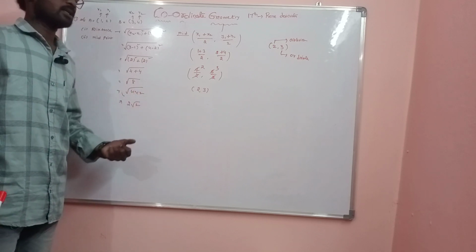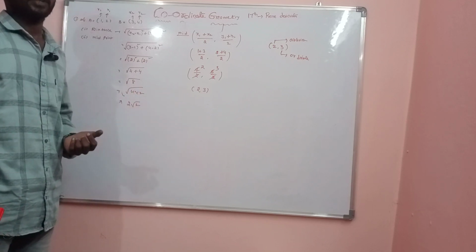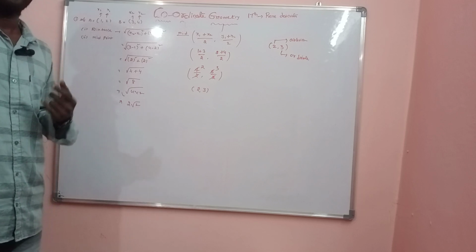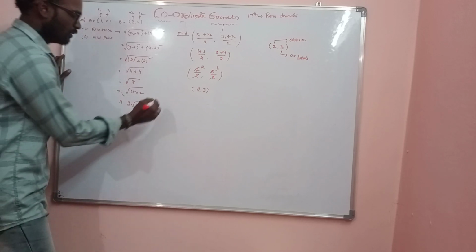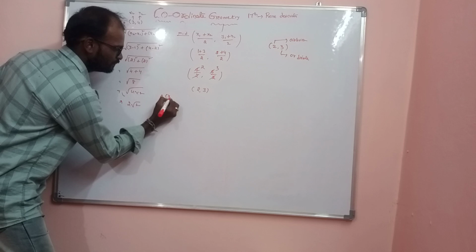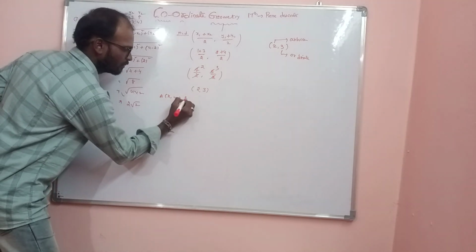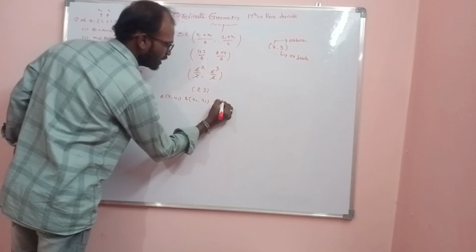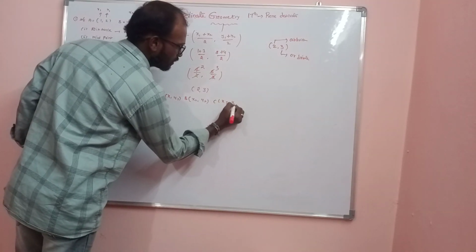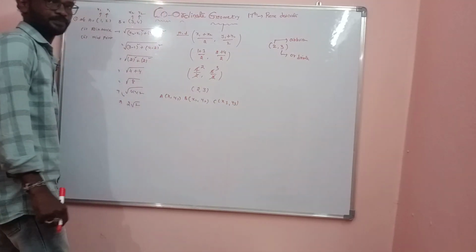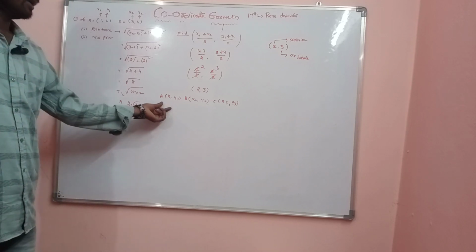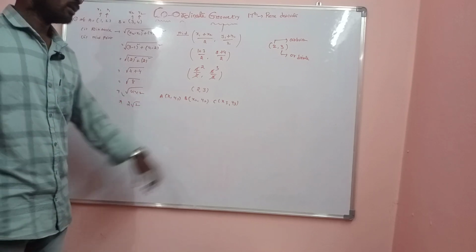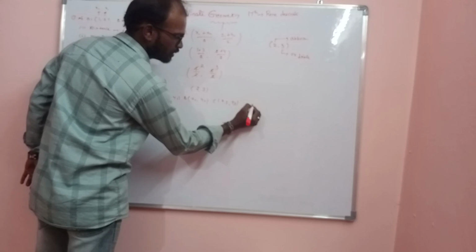Next formula is the centroid. That means 3 values are given. A value x1 y1, B value x2 y2, C value x3 y3. If A value, B value, C value is given, you can find the centroid.